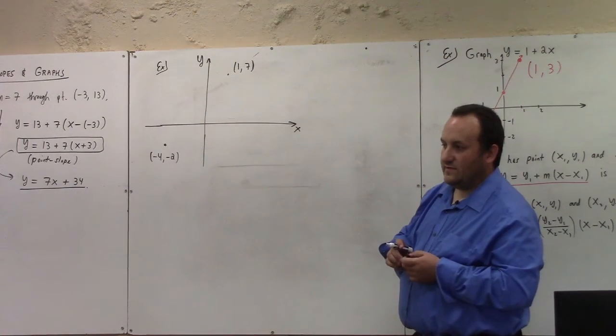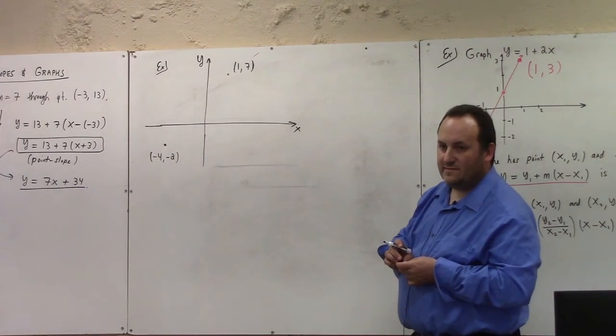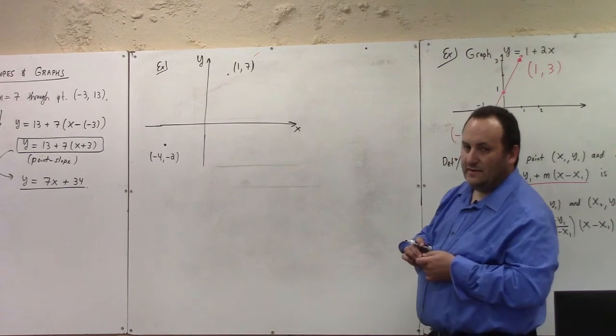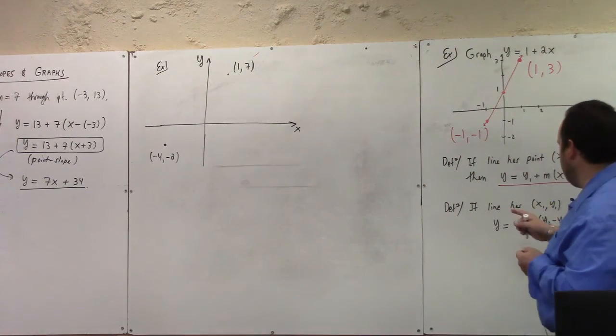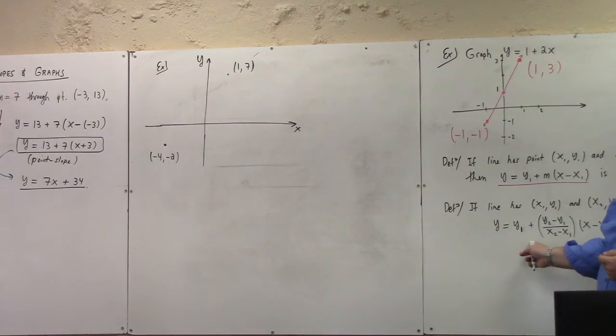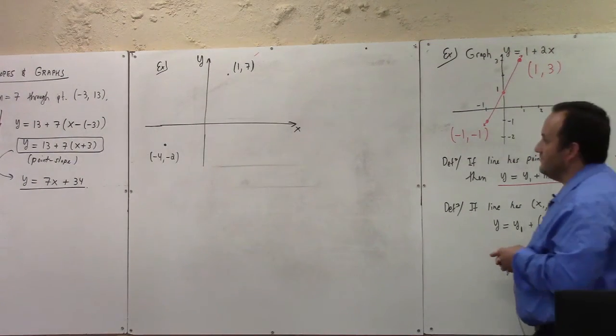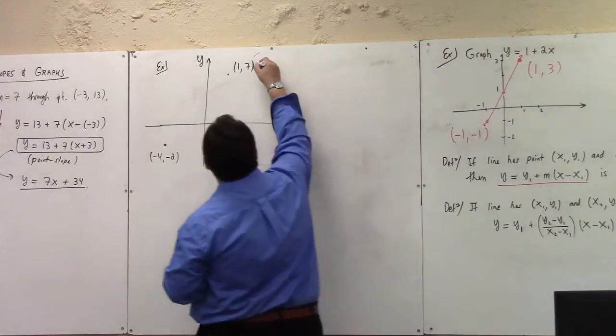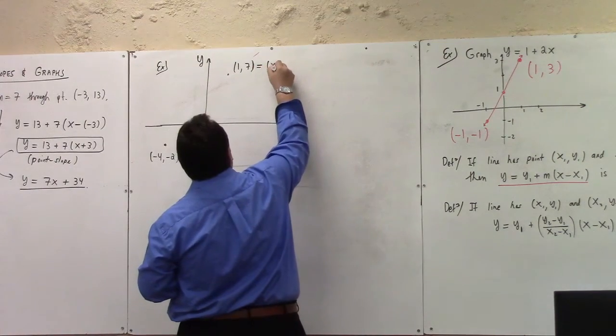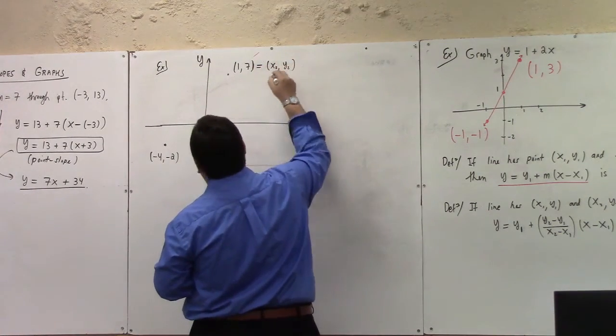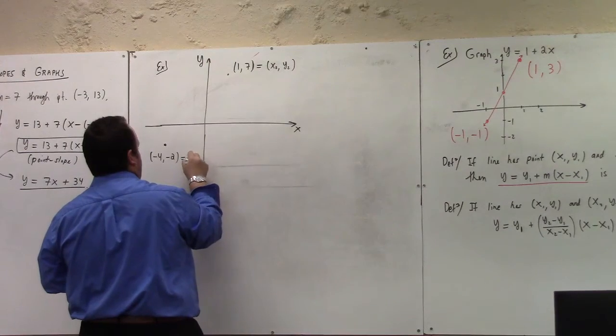So the easiest way to solve this problem would be to do what? To use the 2-point formula for the line, right? So we could do that. Think about this as x2, y2. Think about this point as being x1, y1.